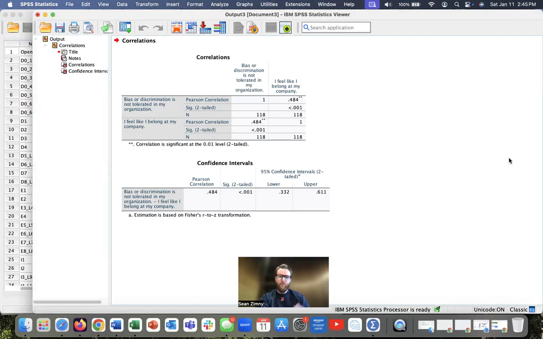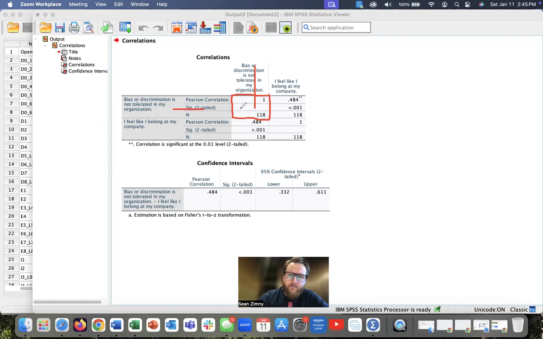All right, we're here. This is what a correlation looks like. So what I want to point out, let me draw it, is that you see this has a perfect relationship correlated right here. And the reason for that is if you read this table, go down and then over, bias or discrimination not tolerated.